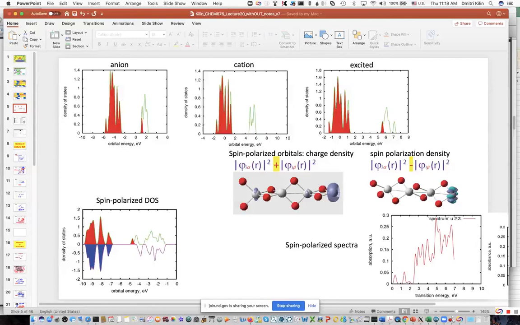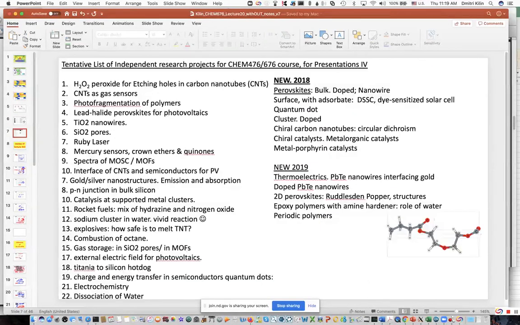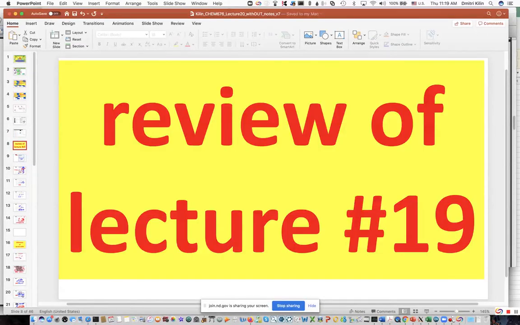Those are spin polarized density of states that we will cover a little later. We are behind that. And those are possible research directions that we will need to choose as soon as we complete presentations on VASP that you have elected today.